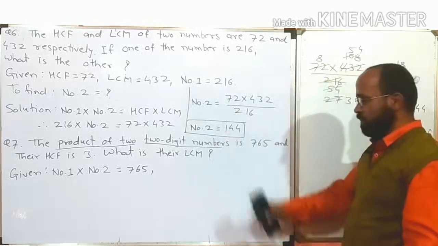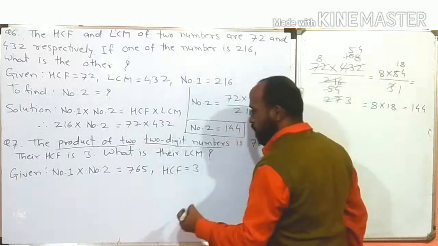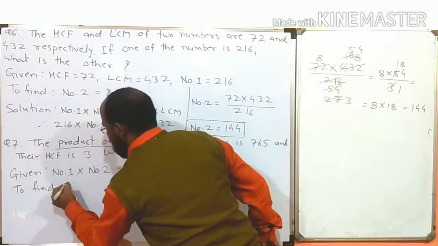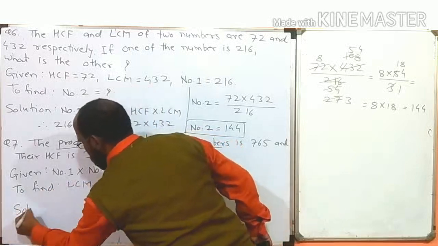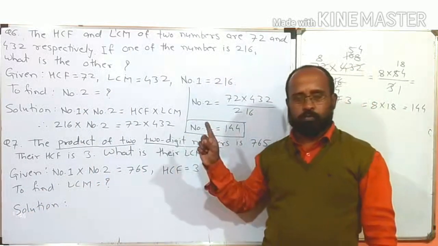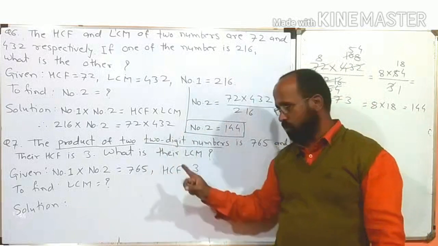Okay, what next thing is given? And their HCF is equal to 3. And what we have to find? We have to find their LCM. Once again, it is a very minor task for us. We are just going to use the rule. Product of two numbers is equal to product of their HCF and LCM.